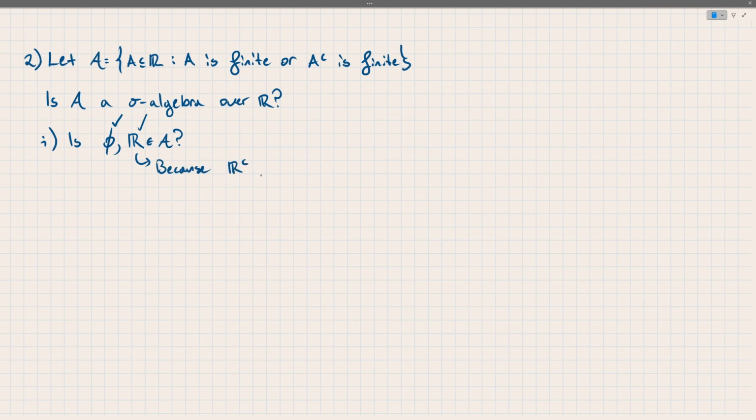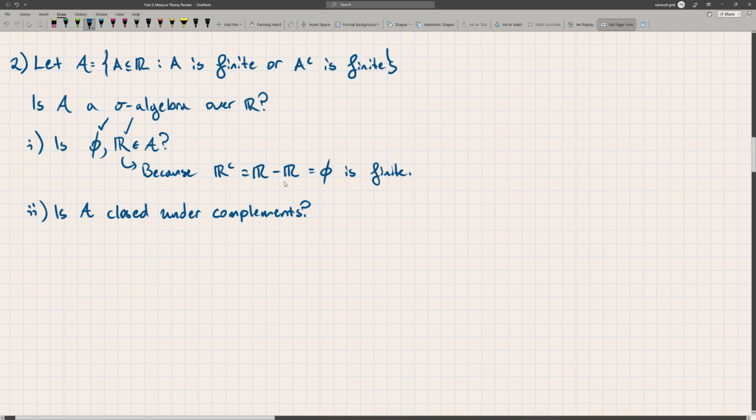The complement of the reals, which is the reals take away the reals, is the empty set, which is finite. Great. Okay, now what about the second one? Is A closed under complementation? Is A closed under complements? So how do we verify this?